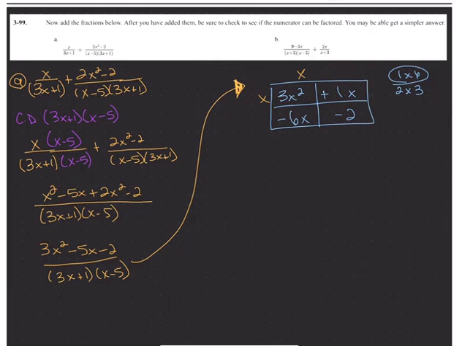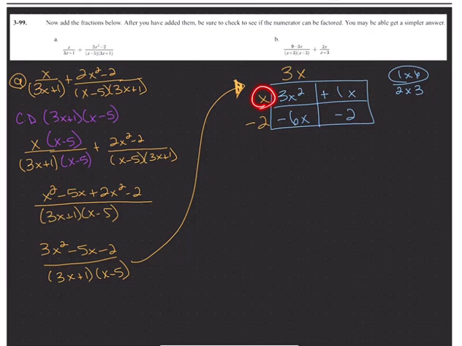So we know that the 3 has got to go to the top, right? I'm going to go to the bottom left, and so now I have, and you can go in any order, it doesn't matter. 3x times what is going to get us negative 6x? That would be a negative 2. Right?